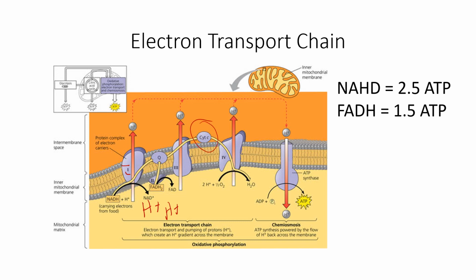reduced. And then cytochrome C is going to go over to complex 4, and you can probably imagine what's going to happen here. Complex 4 is going to oxidize cytochrome C. It's going to take the electrons from cytochrome C, and complex 4 itself will become reduced, right, because it's gained electrons.